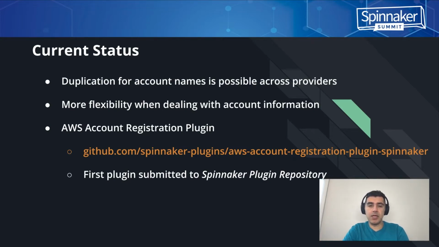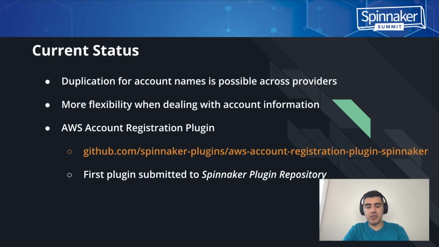And having similar names for your account information across different providers is possible. Exactly like Nico mentioned, you now have more flexibility in introducing custom credential sources, credential loaders, credential parsers, and credential handlers. So you can take full control of how you want to manage your account information.